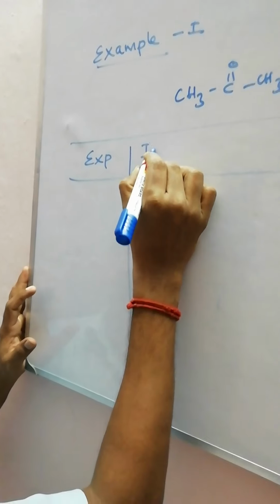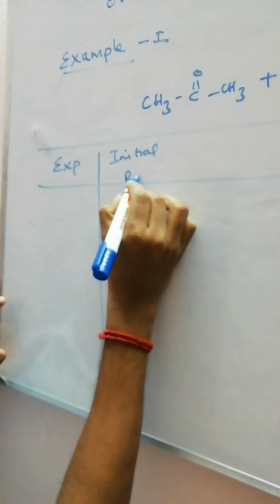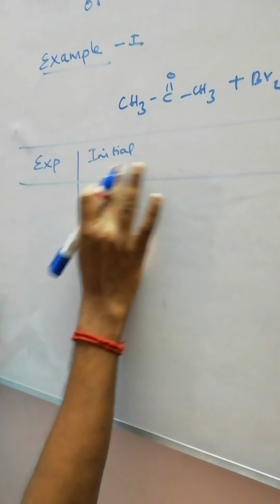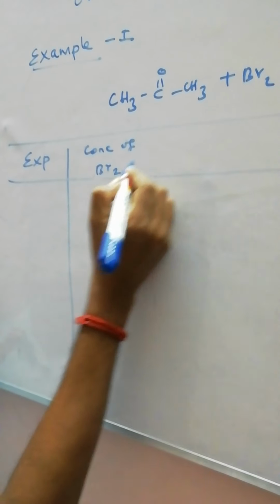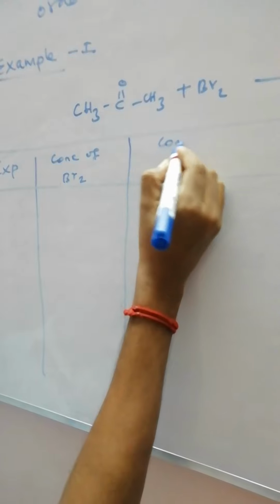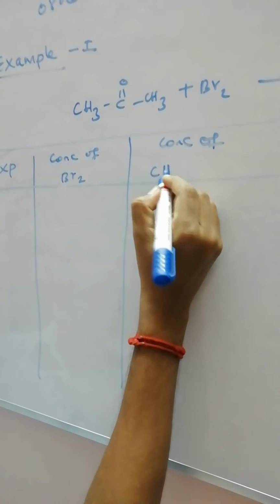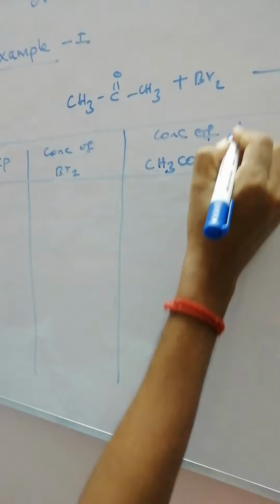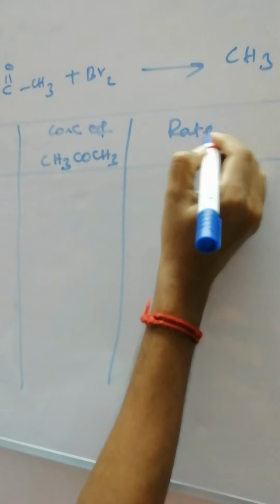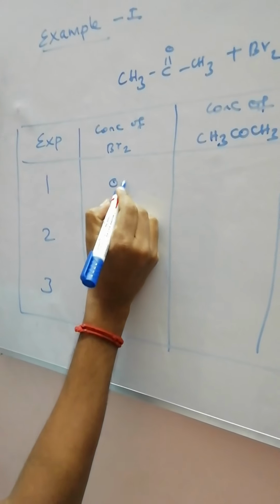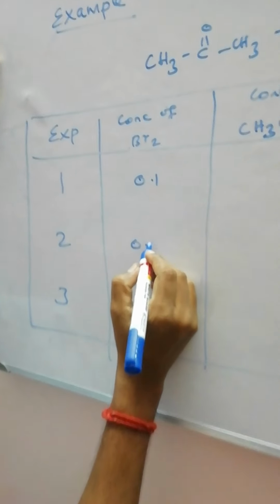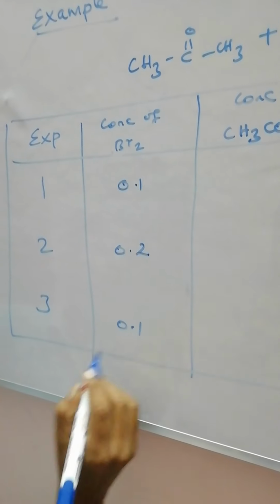Initial rate of the reaction. Concentration of Br2, concentration of CH3COCH3 acetone, rate. Experiments one, two, three. The concentration of bromine is 0.1 mole, 0.2, 0.1 mole.